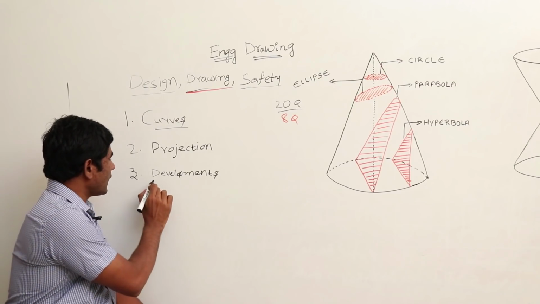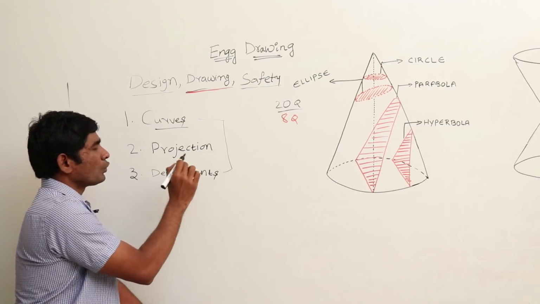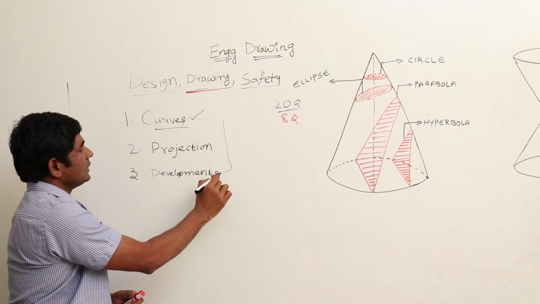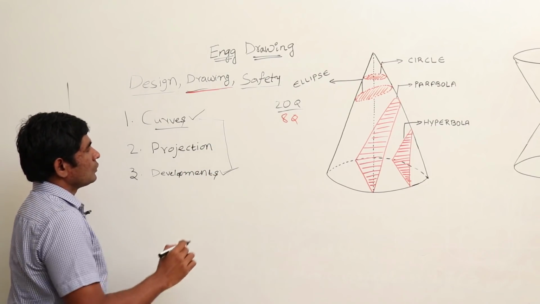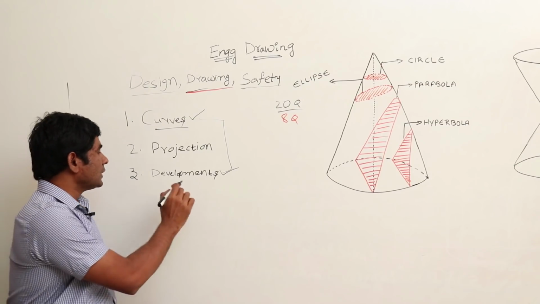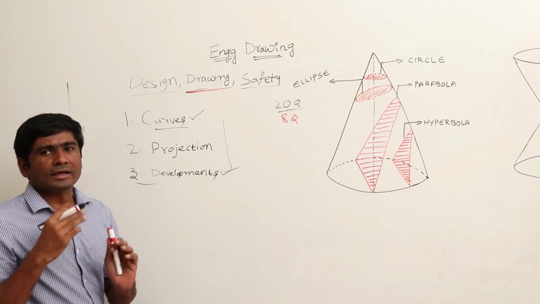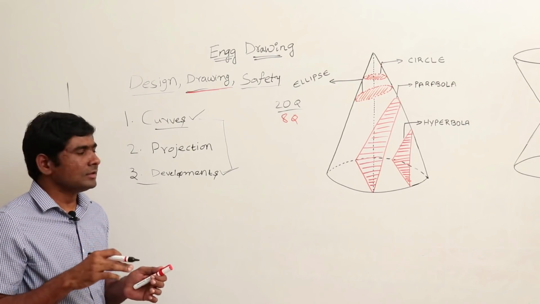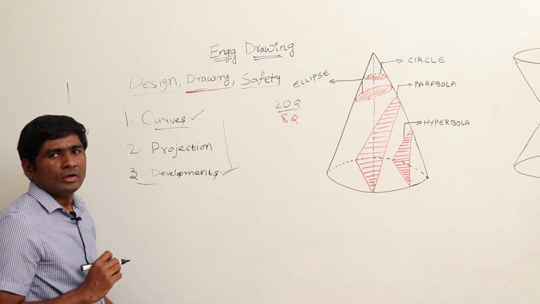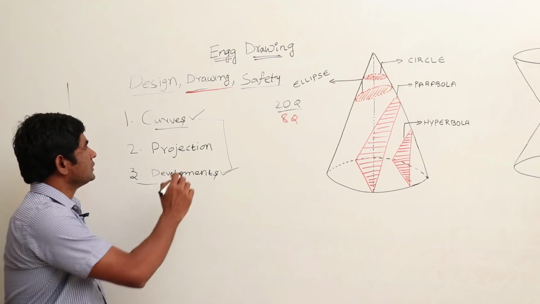This chapter is actually interlinked with the first chapter, because many times the questions are combined from the first section and the third section, so there is no clear distinction when we deal with the questions. But I would like to deal with this section separately so that you get a clear understanding. Whenever you see questions combining curves and developments, you can easily identify and solve the problems. So these are the 3 sections.